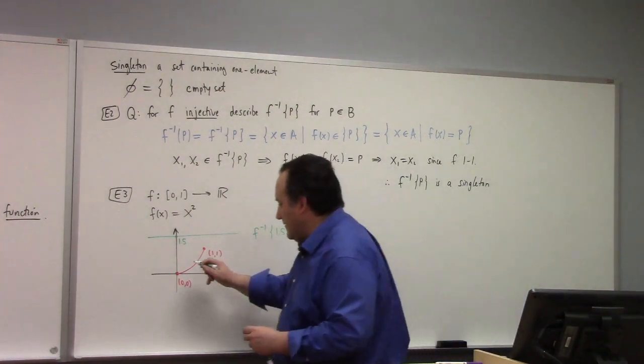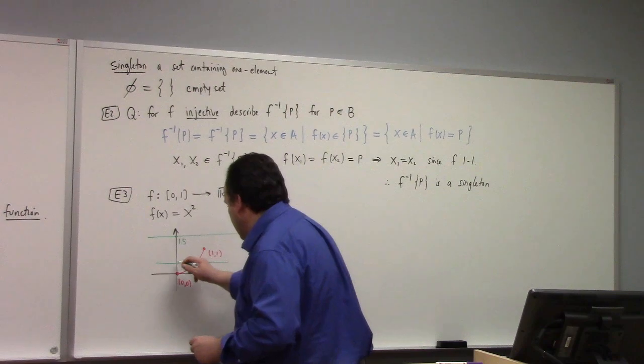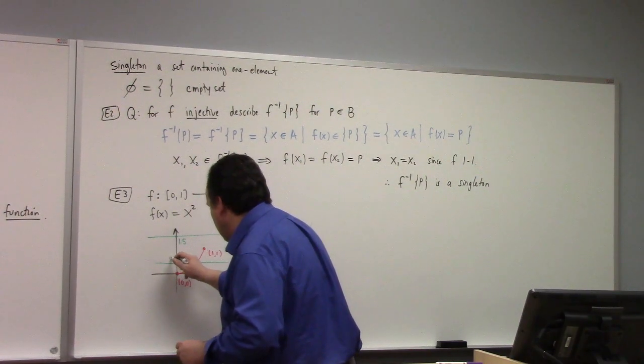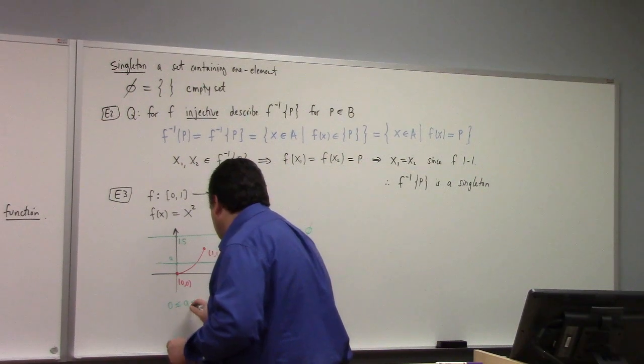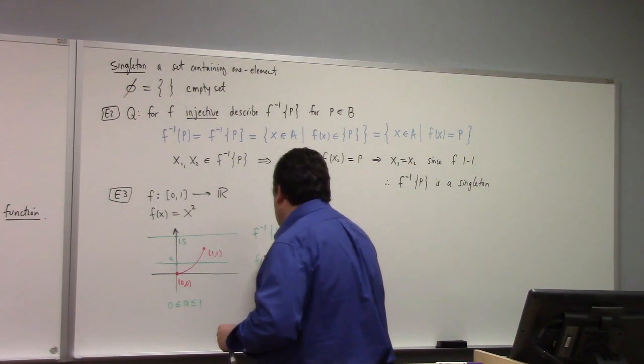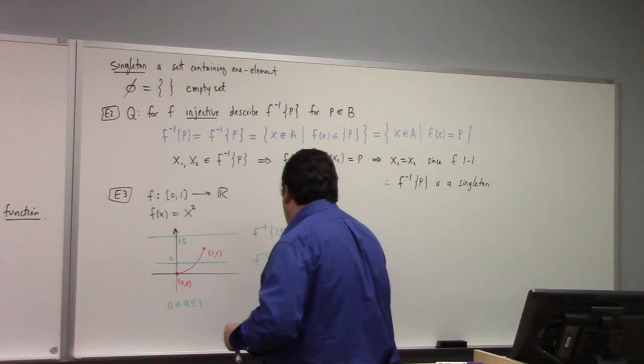Only down here, for instance, if I look at A with 0 less than or equal to A less than or equal to 1, and I ask what's the inverse image of A?